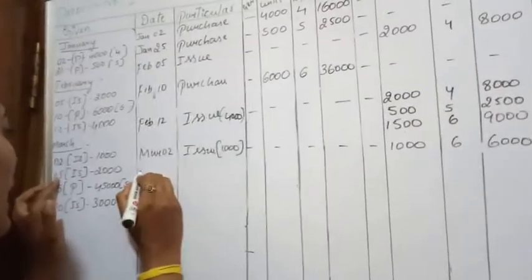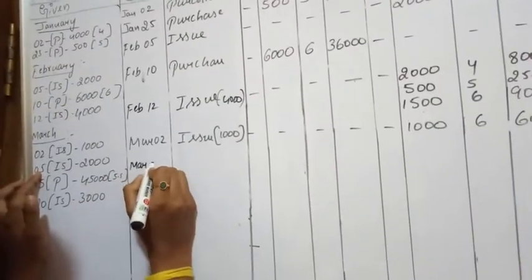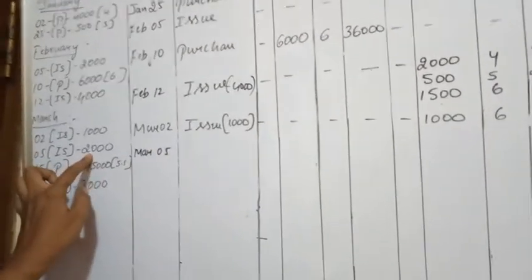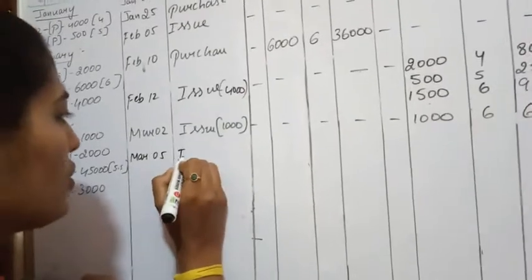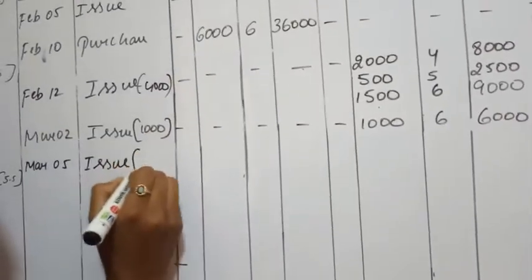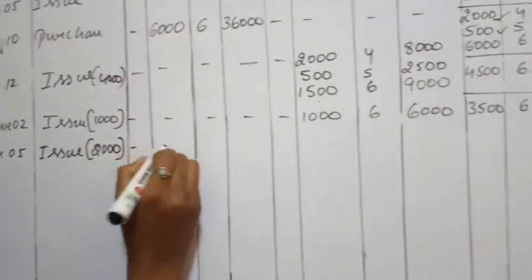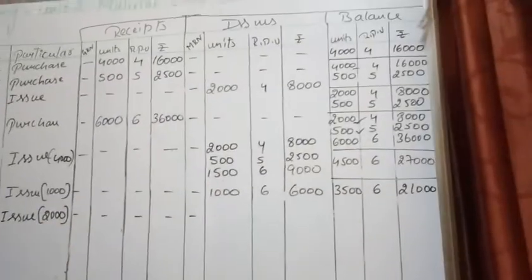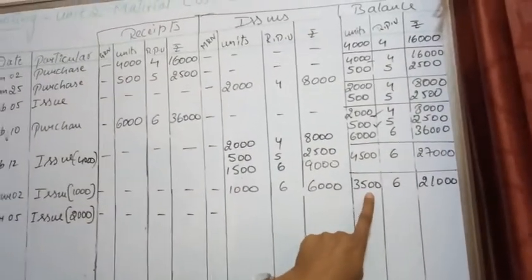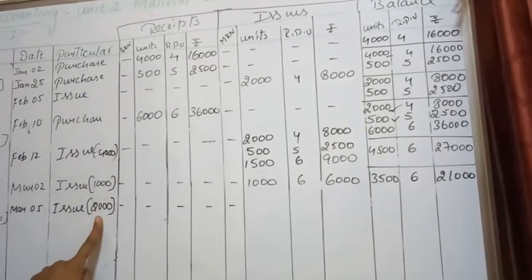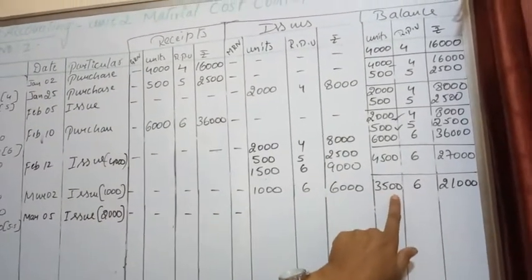Next, March 5th. Again they are asking us to issue 2000. So I will record in the particular column issue, that is 2000. Now I have 3500 and they are asking for 2000. So I have enough material in the beginning.